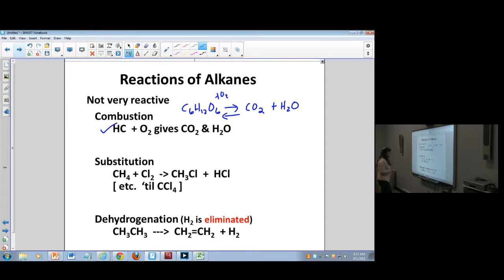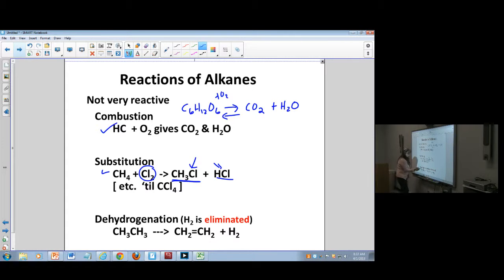There are also substitution reactions, so that I can take a simple methane, and using the right technique in the right environment, I can take chlorine and add it to make CH3Cl. And notice that I substituted one of the hydrogens with a chlorine, and then my leftover product is HCl.